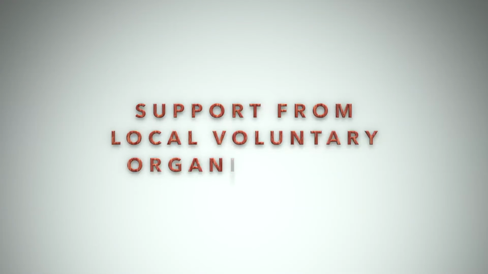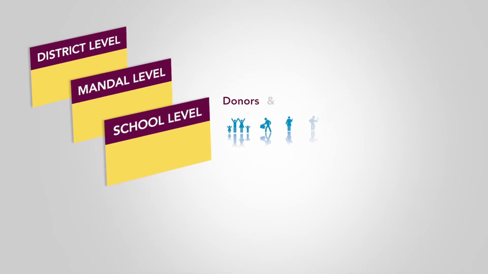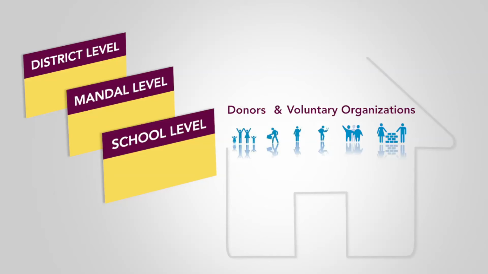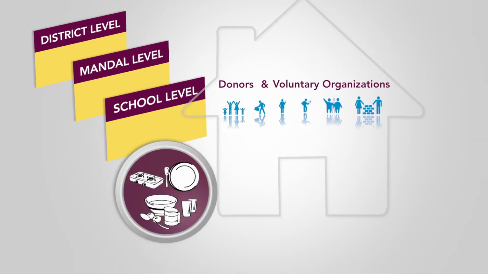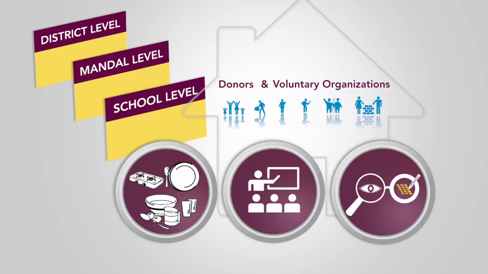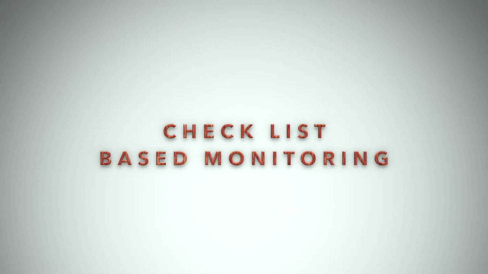Support from local voluntary organizations. Initiatives may be taken at the district, mandal and school level to obtain resource support from donors and voluntary organizations to help improve facilities at the kitchen sheds, supply of kitchen devices, training and capacity building, monitoring, etc. Checklist-based monitoring.